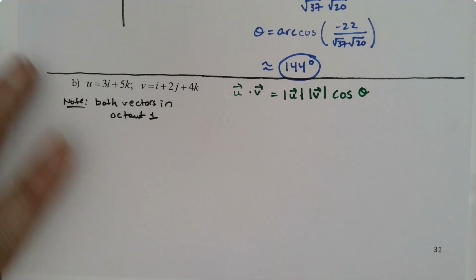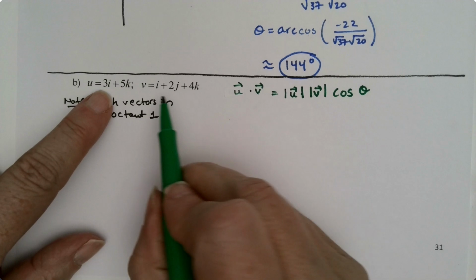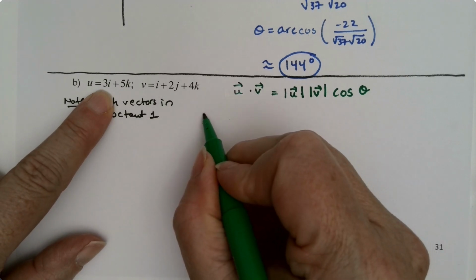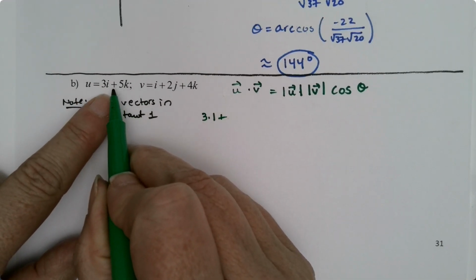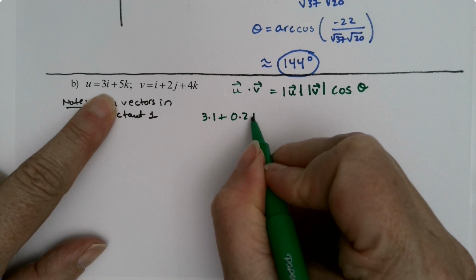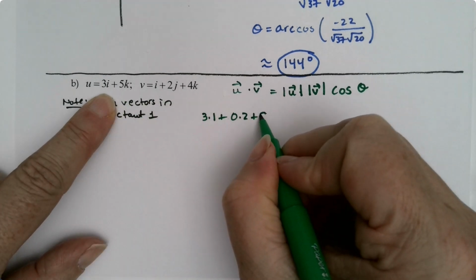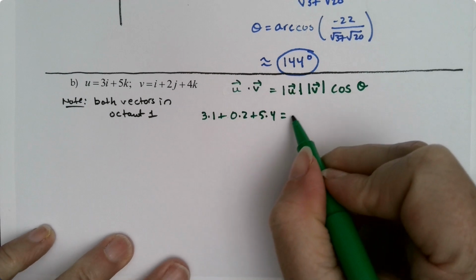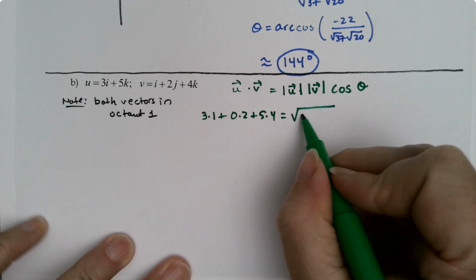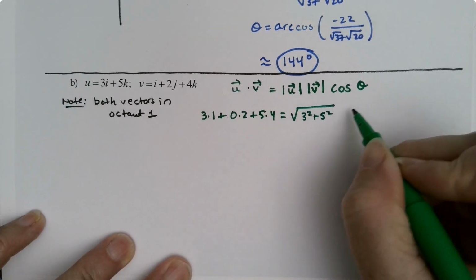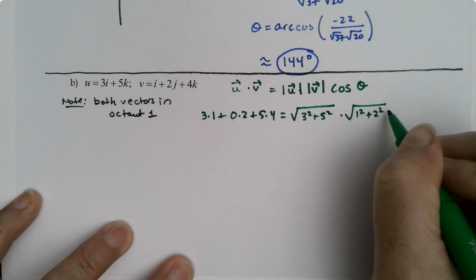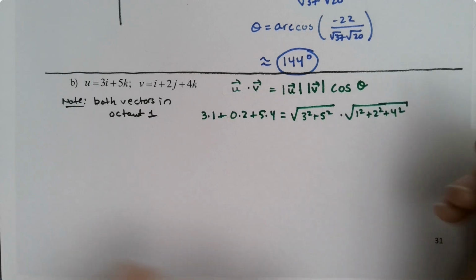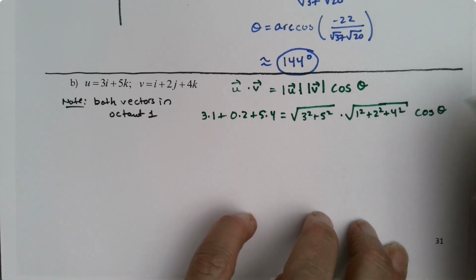U dot product with V would be 3 times 1 plus 0, there's no J component over here, so 0 times 2, plus 5 times 4. That would be equal to the magnitude of U, which is the square root of 3 squared plus 5 squared, times the magnitude of V, which is 1 squared plus 2 squared plus 4 squared, all under a square root, times the cosine of theta.